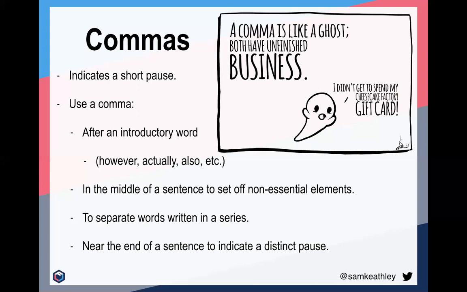And then also to separate words in a series, and then near the end of a sentence to indicate a distinct pause. And that sort of thing is really good if you're trying to write with more of a conversational flow, using commas strategically rather than over or underusing them.